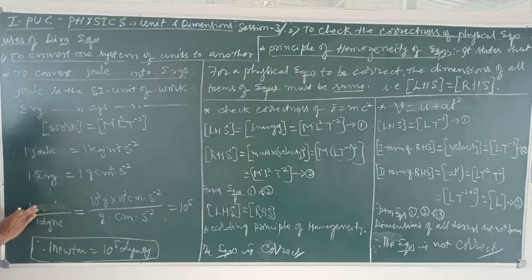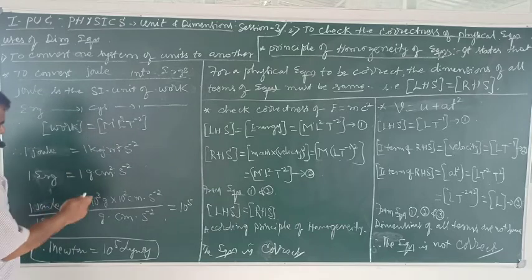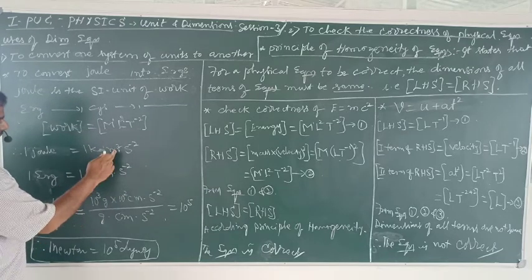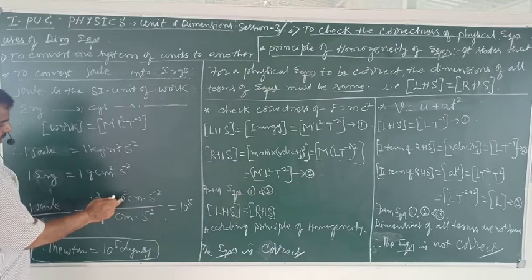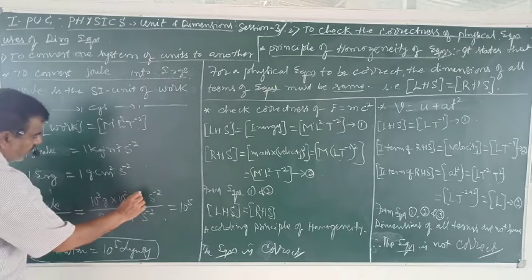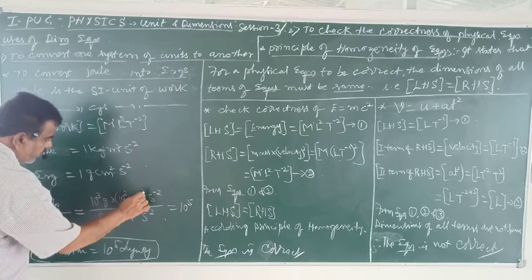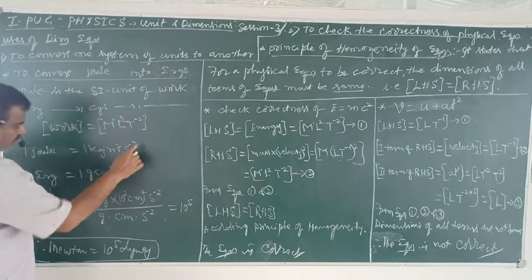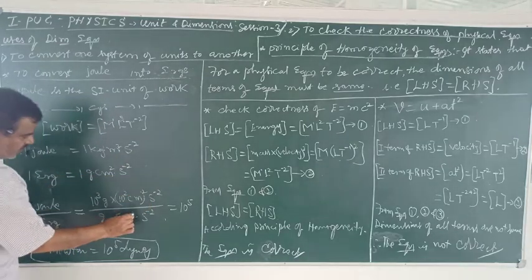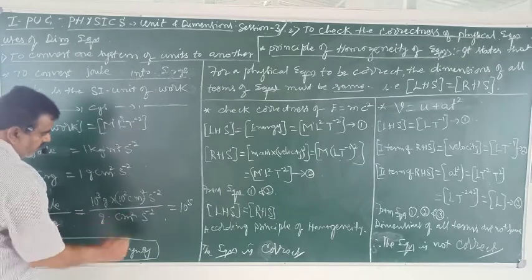If I divide 1 joule by 1 erg, what will I get? The same thing: kilo stands for 10 to the power of 3. Meter is written as 10 to the power of 2 centimeter, whole square. This is second minus 2, over gram centimeter square second minus 2.